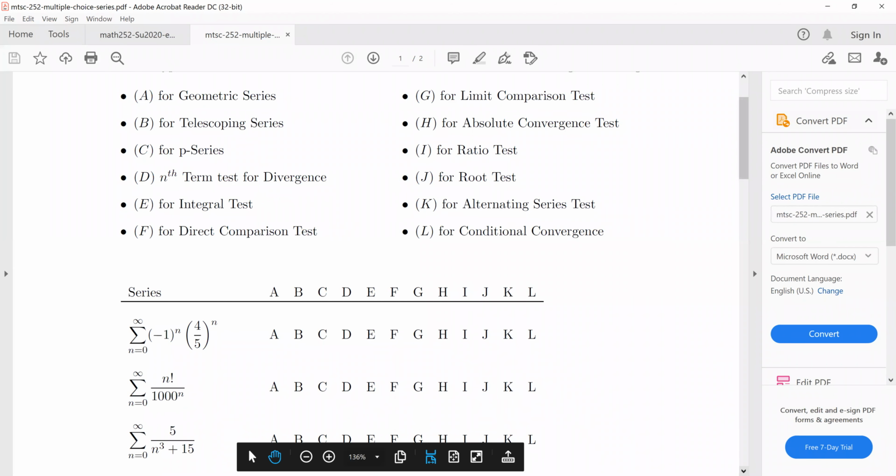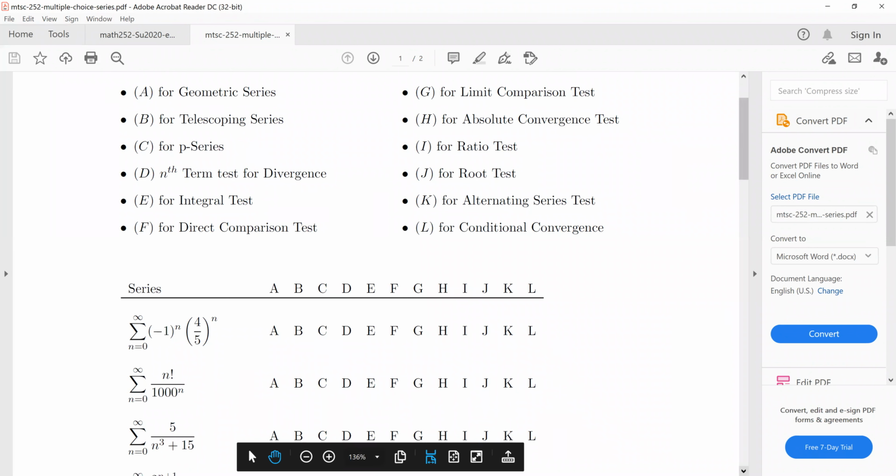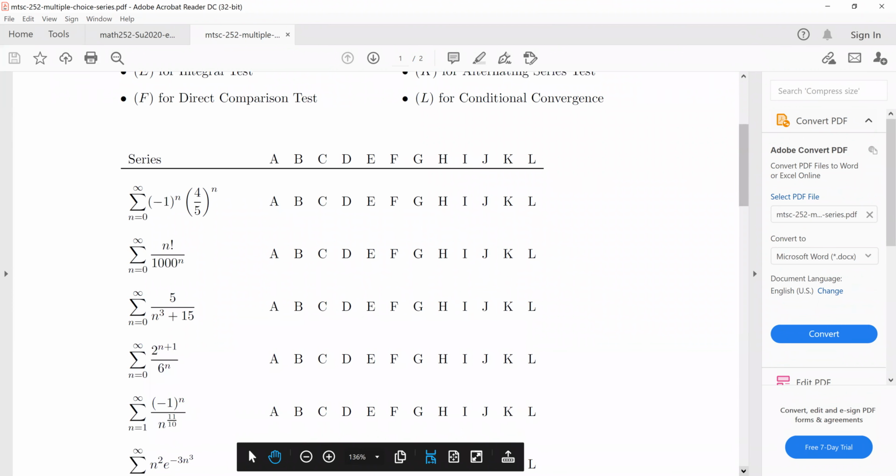All right, the third one. The summation, n equals 0 to infinity, of 5 over n cubed plus 15. There are two tests I can use for this.